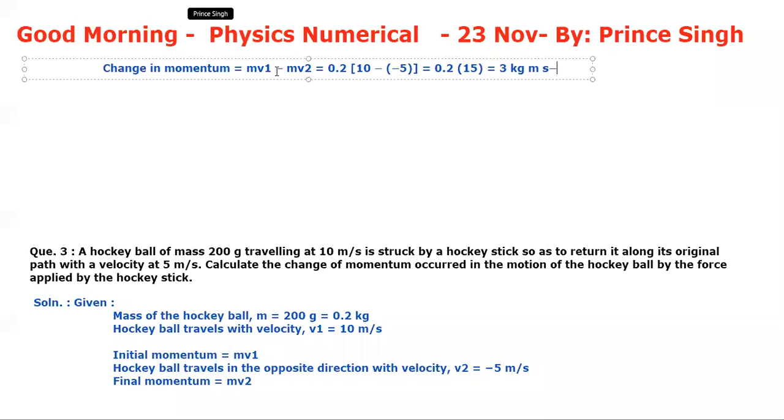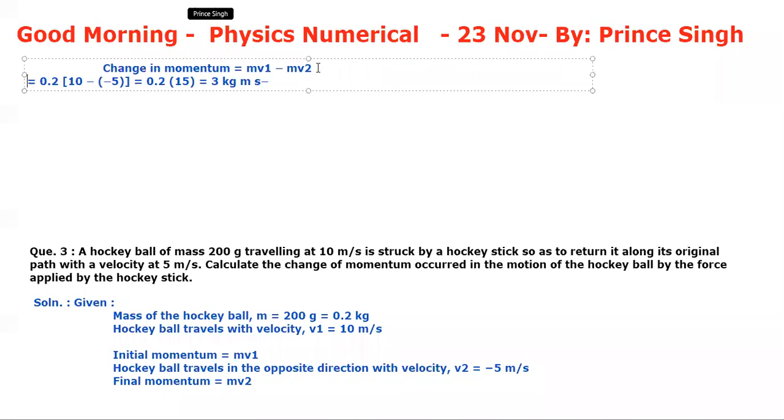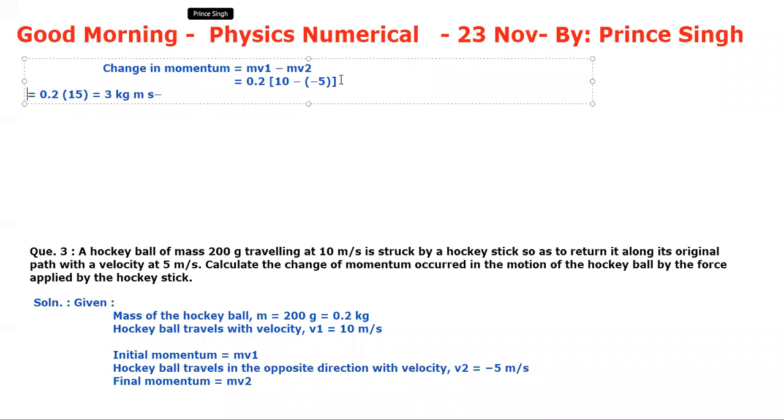I think this you have done. Change in momentum, m1 v1 minus, sorry, mv1 minus mv2. M is common, so we have taken common. Then we have solved the velocity difference.